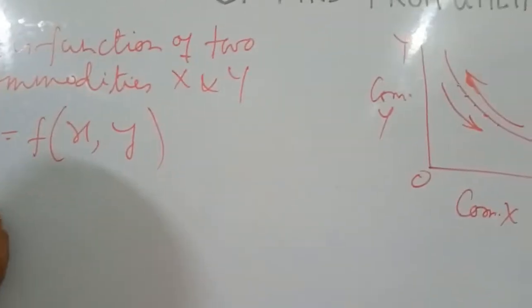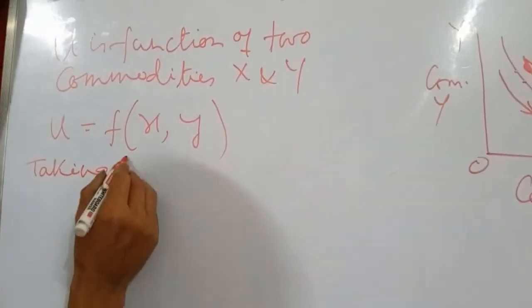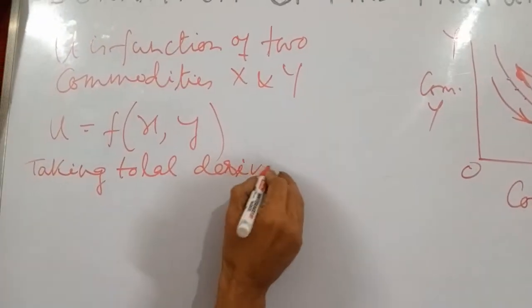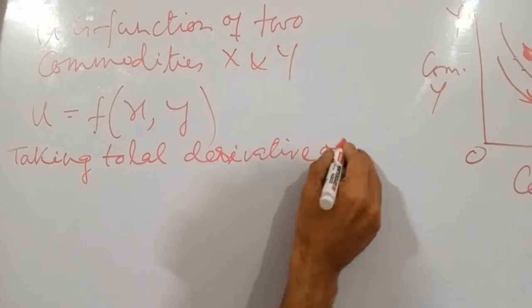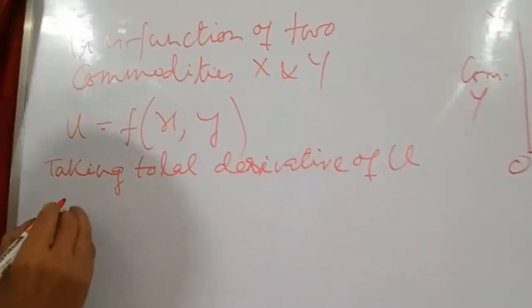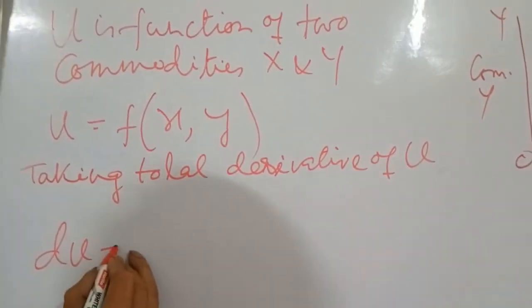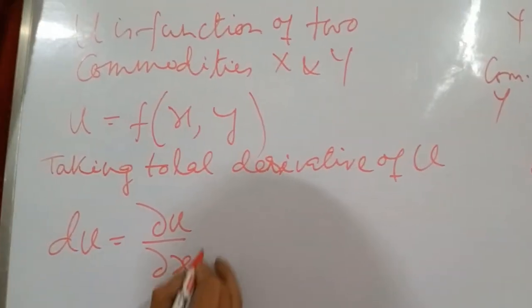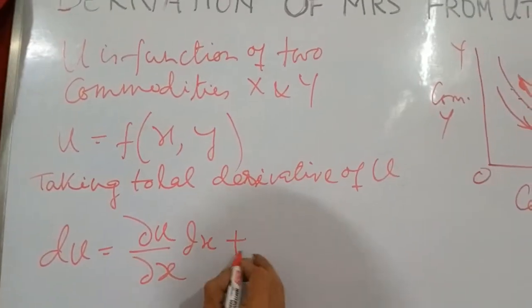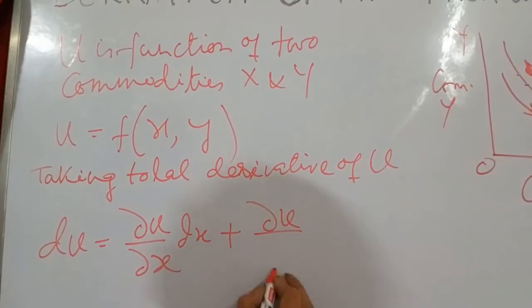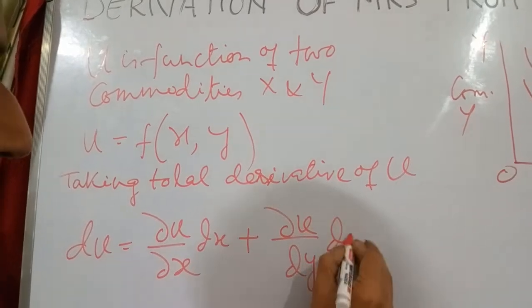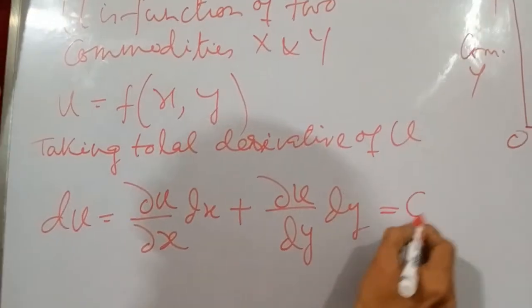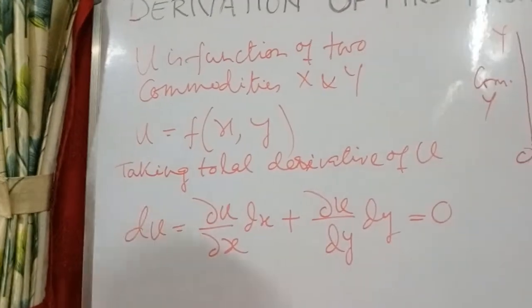So taking the total derivative of U, dU is equal to del U del x dx plus del U del y dy, and this is equal to 0 because there is no change in utility.